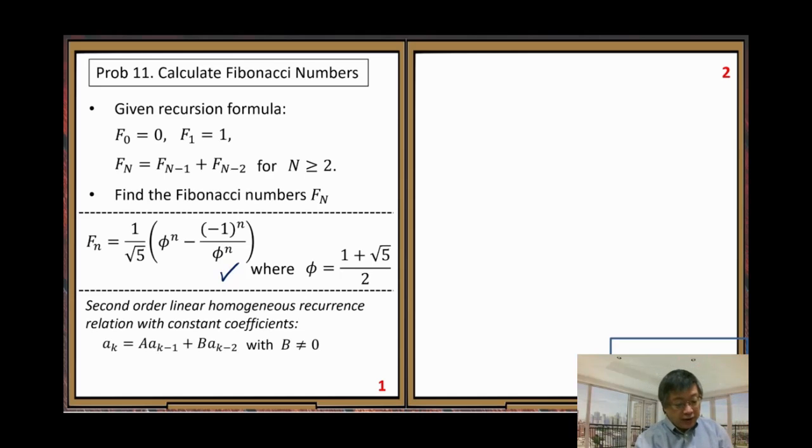equation first. A sub k equals capital A times A sub k minus 1 plus capital B times A sub k minus 2, with B not equal to 0. First, it is a linear recurrence relation.